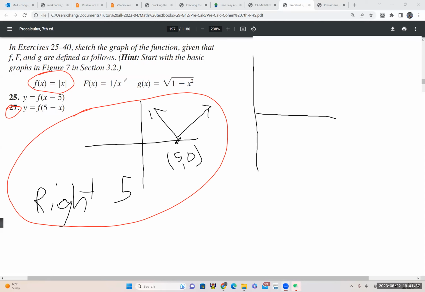Then how do you think its graph looks for 5 over x?